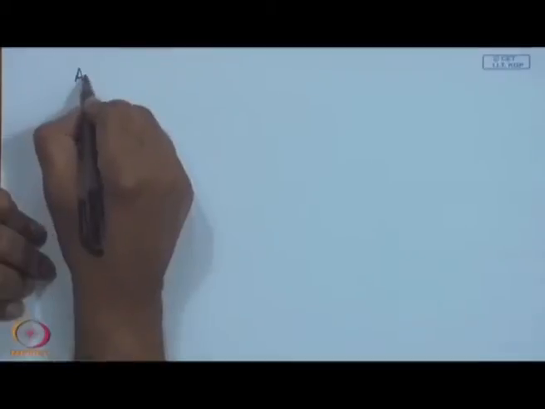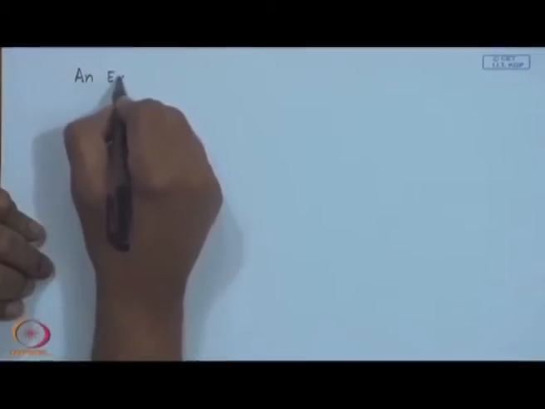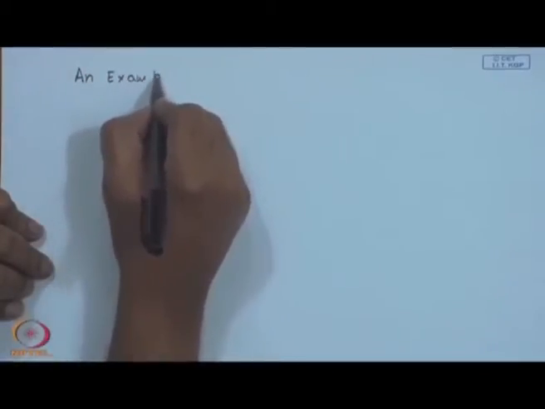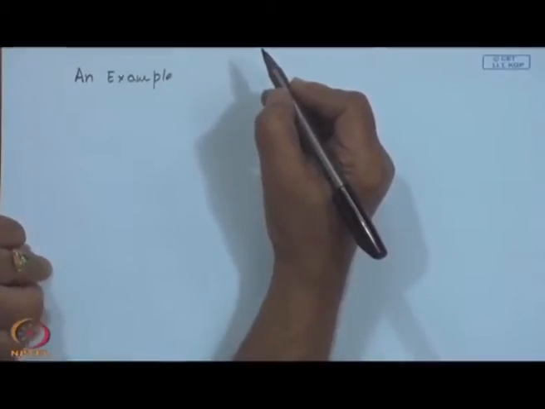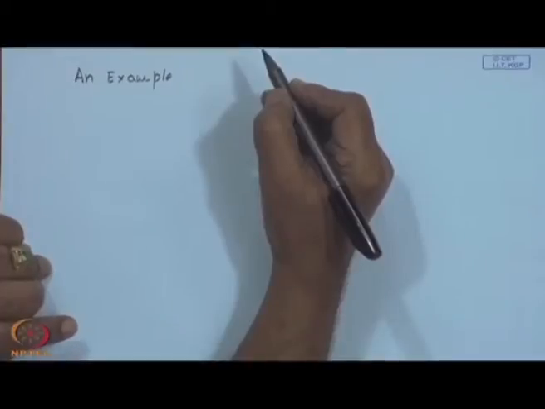Now, to consolidate these ideas, we shall take up an example and see how much we can do. I am deliberately giving many relations which we have gone through earlier. In fact, if you solve this problem, more or less all the methods that we have covered would be covered.